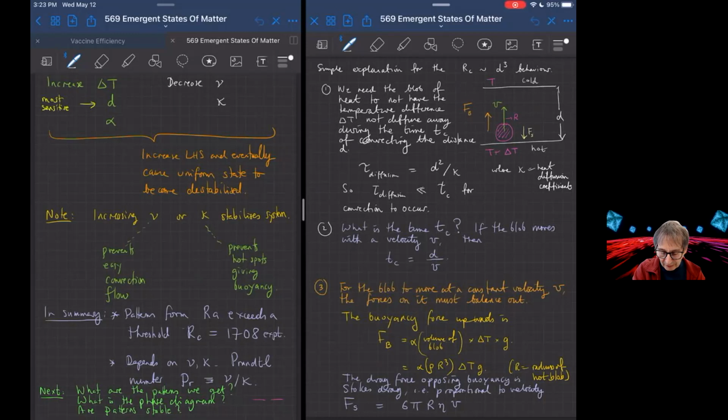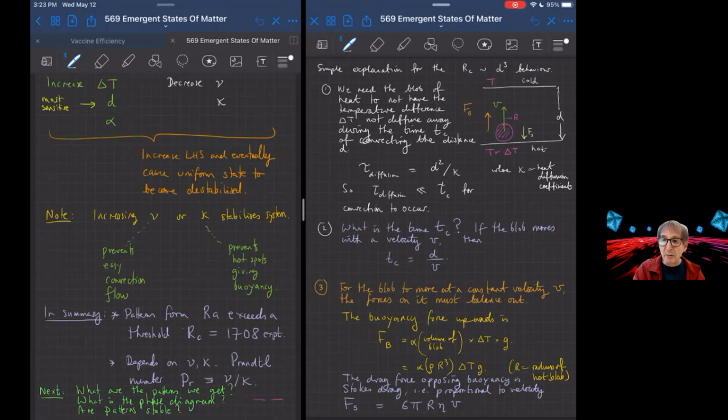So that's very straightforward. Now, we've talked about the idea that the blob is moving at a constant velocity, and that makes sense because the fluid has a viscosity, and so apart from some initial transient, a little blob like this trying to move in the background will experience Stokes drag. It'll experience a force on it that is proportional to its velocity, and it will experience another force on it due to its buoyancy.